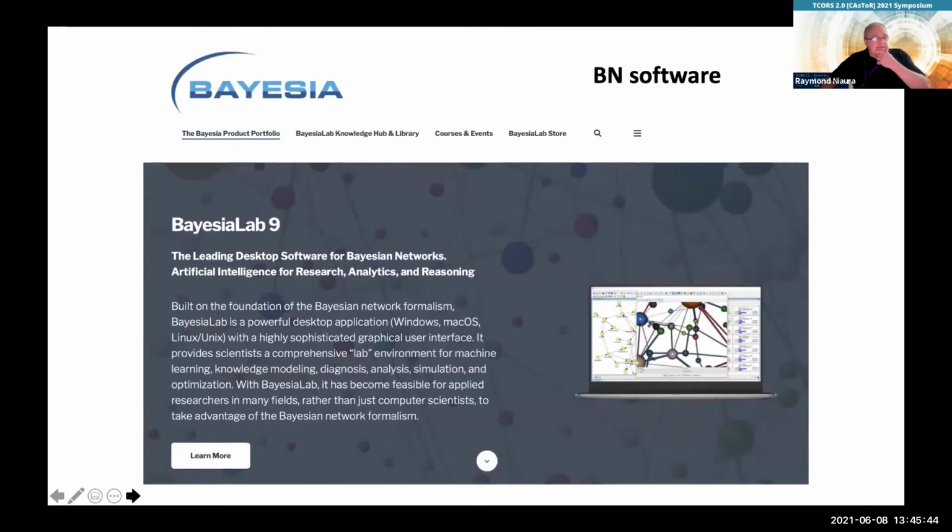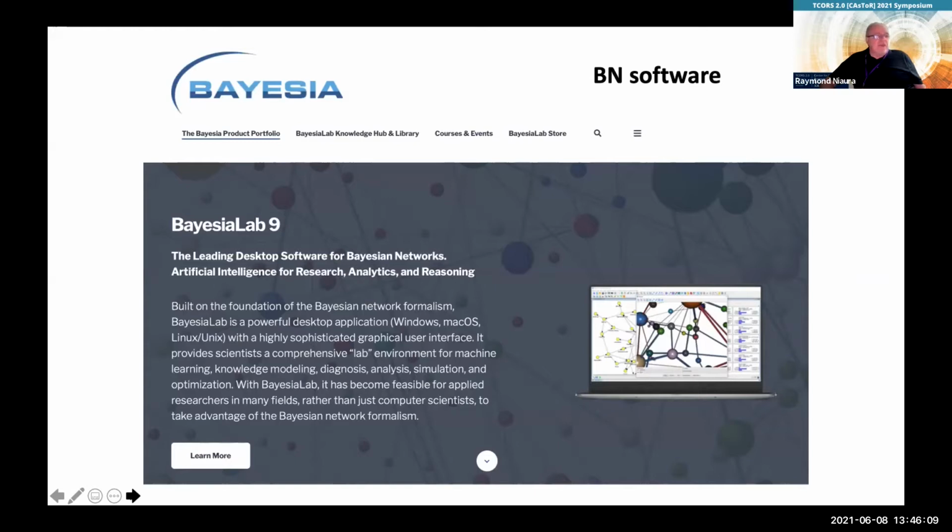So that's the introduction to Bayesian networks, but that's pretty cursory. This is a pretty deep area, and for that, one needs to rely on, at least I do, software that does the work for you. So I used something called Bayesia Lab to do the analysis.